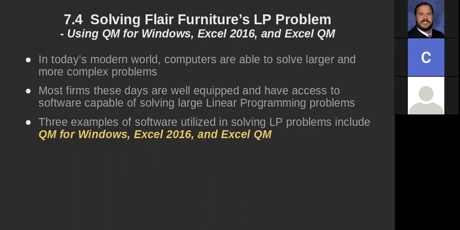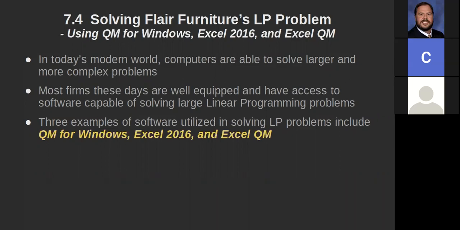So my name is Kim Wade, and I will be going over sections 7.4 and 7.5 from the textbook. In 7.4, solving Flair Furniture's LP problem using QM for Windows, Excel 2016 and Excel QM, we look at tools that are available to us to solve some of the more complex and larger linear programming problems.